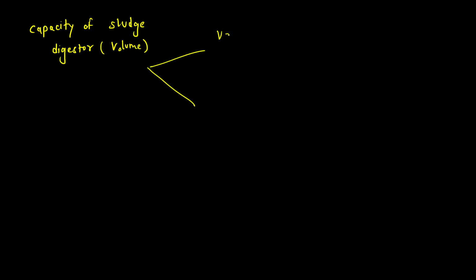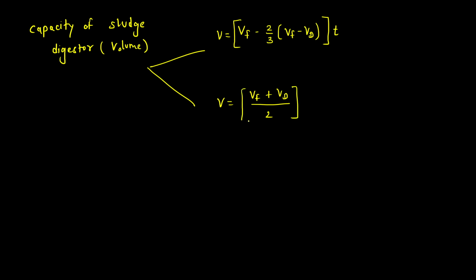The first formula is V = [Vf − 2/3 (Vf − Vd)] × T. The second one is V = [(Vf + Vd)/2] × T. So when to use which formula?